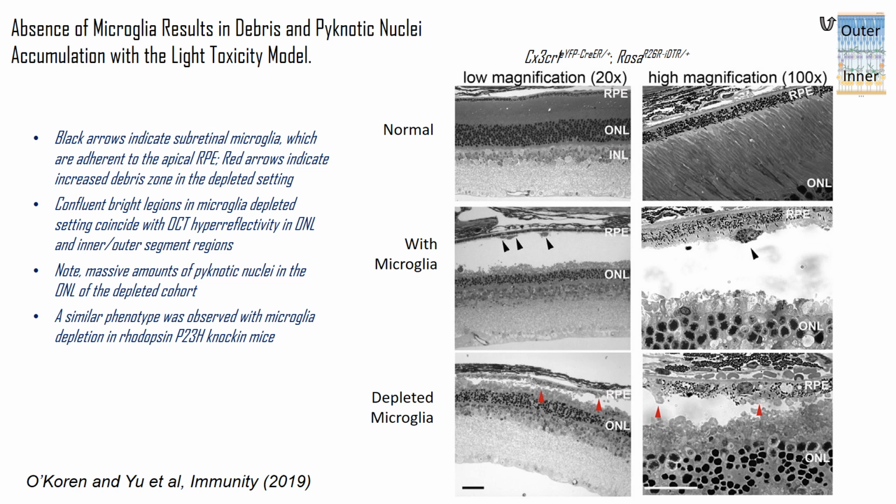But this is in stark contrast with the depleted state, in the absence of microglia, where there's a massive debris zone shown by the red arrows, as well as a large accumulation of pyknotic nuclei in the outer nuclear layer. So in the absence of microglia, there seems to be a buildup of a very large amount of debris, including photoreceptor debris, as well as photoreceptor soma.